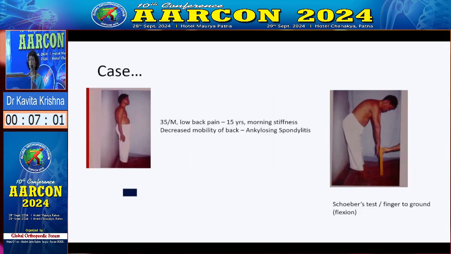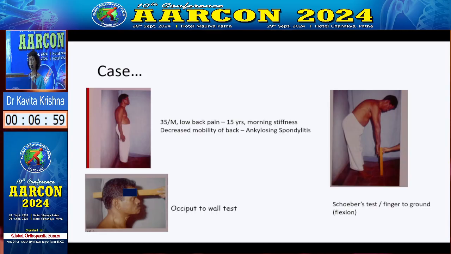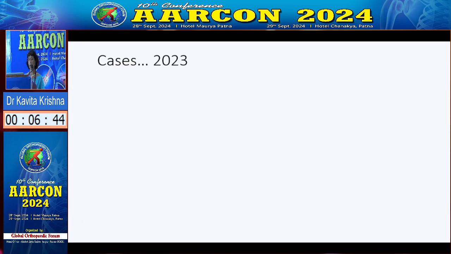So let us see this case: a 35-year-old male with low back pain since 15 years, morning stiffness, classical Schober's positive, occiput to wall test positive. This happens when there's delay in diagnosis and they come with a bamboo spine. As against this, as I said, the delay in diagnosis is getting lesser.